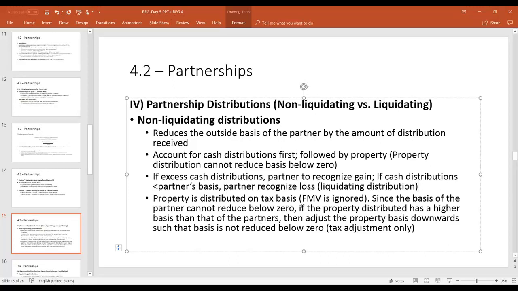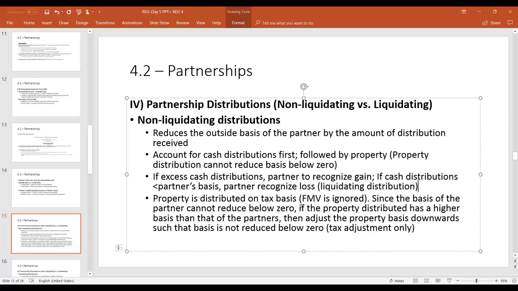So in the same example that I was giving, $90 is the partner's basis, $100 is the tax basis of the property being distributed. So what I have to do is make a downward adjustment, reduce that $100 to $90, and then distribute it to the partner such that the partner's basis is reduced to zero.